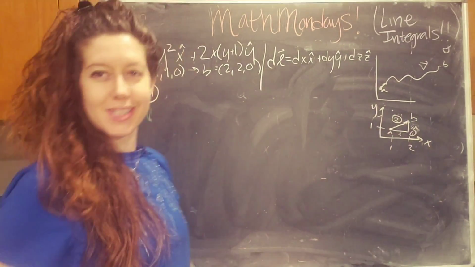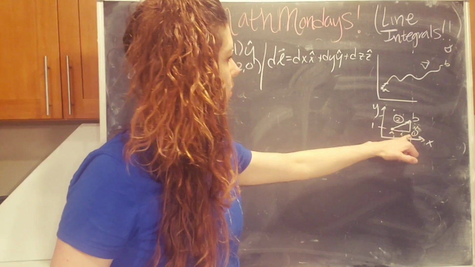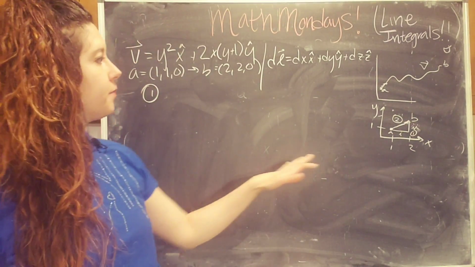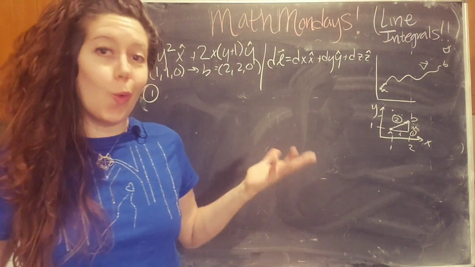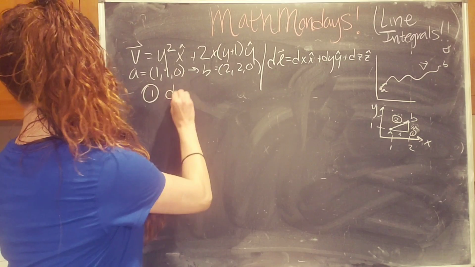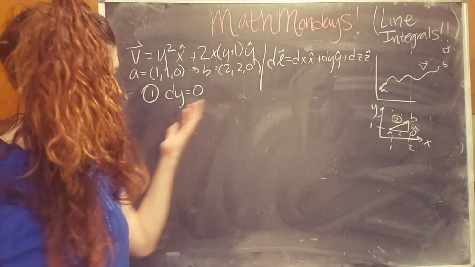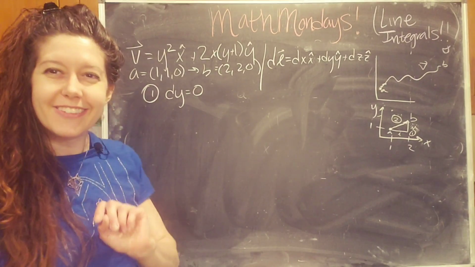So this first path is kind of nice because for each direction, for this first horizontal direction and for the vertical direction, in the horizontal case, we're only moving in the x direction. And so in that case, dy is 0. It doesn't change. Boom! So that makes our lives a little bit easier.